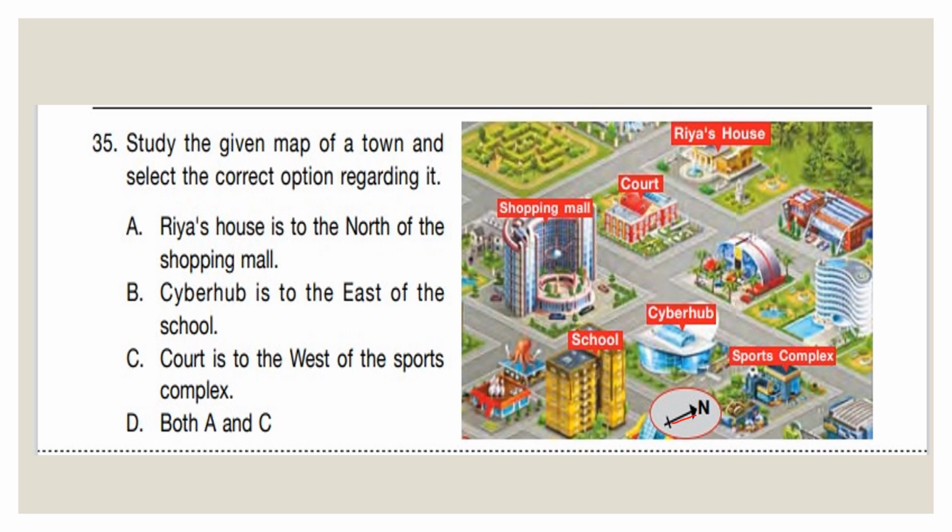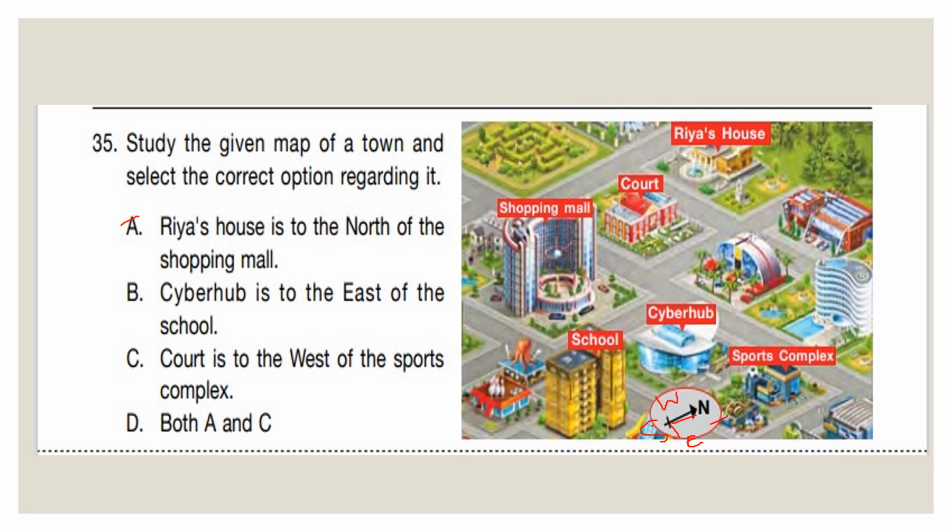If this is the north side, here is east, this will be west side, and this is south. So option A, Ria's house is to the north of the shopping mall. This is not Ria's house, and her house is north of the shopping mall. So option A is correct.